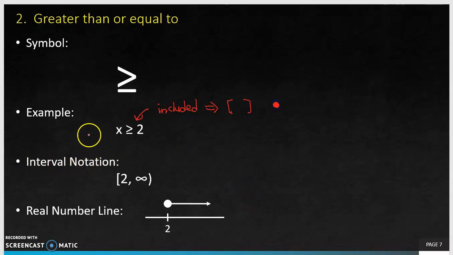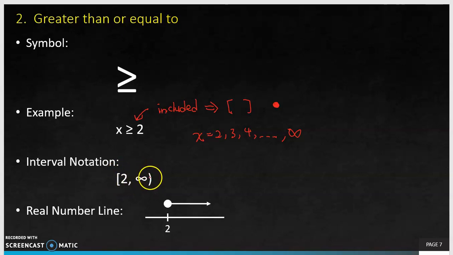So x can be 2, 3, 4, and so on until positive infinity. But this time 2 is included, so we are going to use a square bracket. So square bracket from 2 until positive infinity.